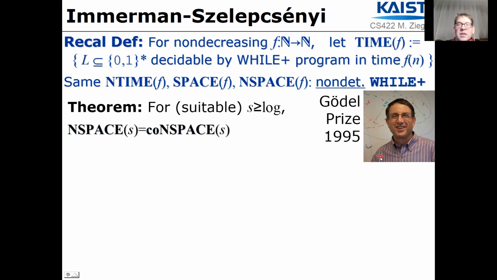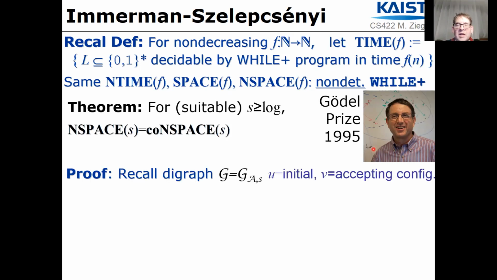And this is the famous Immerman-Szelepscenyi Theorem, which was awarded the Gödel Prize in 1995. So here you see a picture of Neil Immerman. Yeah, there should also be a picture of Szelepscenyi. Yeah, the ingenious proof is again an interesting application of the reachability method.